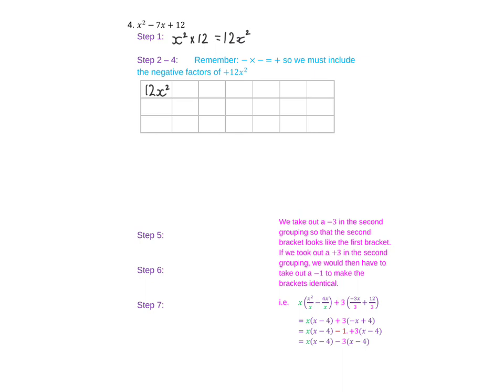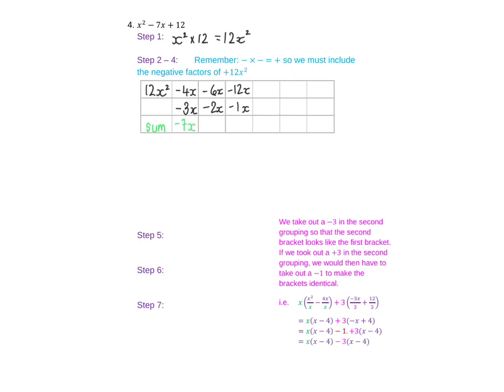And that gives you 12x squared, which would be what we're looking for the factors of. Now we know to write, let me just make space there, negative 4x and negative 3x being multiplied, or negative 6x times negative 2x, and or negative 12x times negative 1x. So if we sum it, firstly negative 4x and negative 3x, negative 4 minus 3 is negative 7x then.